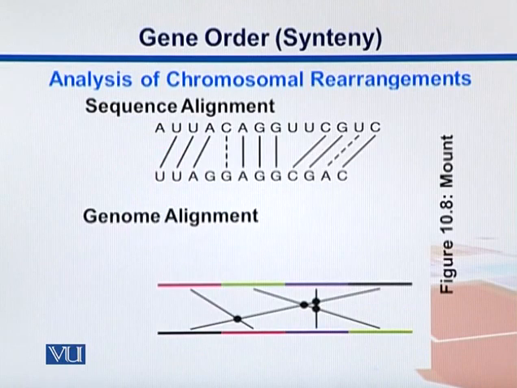While we do this analysis computationally, we try to simplify it. For example, here we have the sequence alignment, where the sequences are aligned with one another in the top diagram, and in the same way these similar sequences, when we put them together in a genome context, give us the genome alignments.